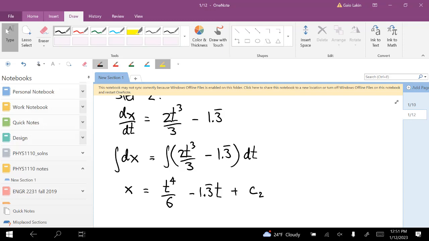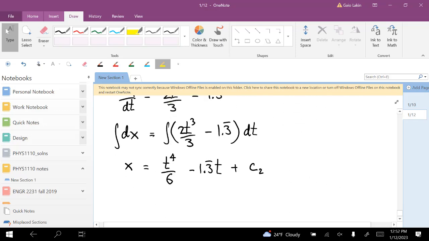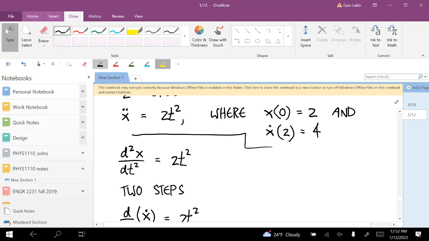And how do we find that second constant of integration? For the same condition, last one, t equals 2, x dot equals 4. That's very close to right. That is the right idea. What was the opposite? Now we use the other boundary condition. The reason we need two boundary conditions for a second derivative is we need to use one for each integration, basically. So now we're going to use the boundary condition that says when t is equal to 0, x is equal to 2.